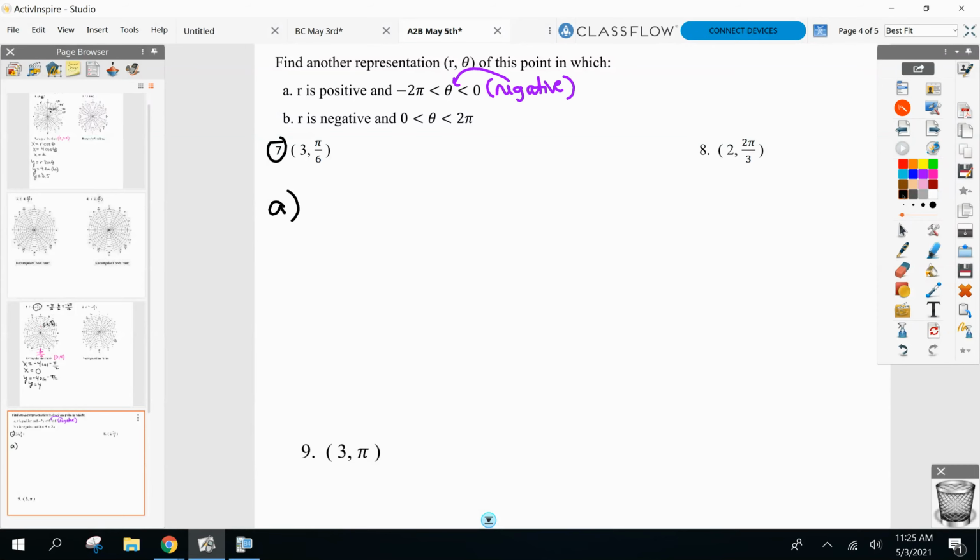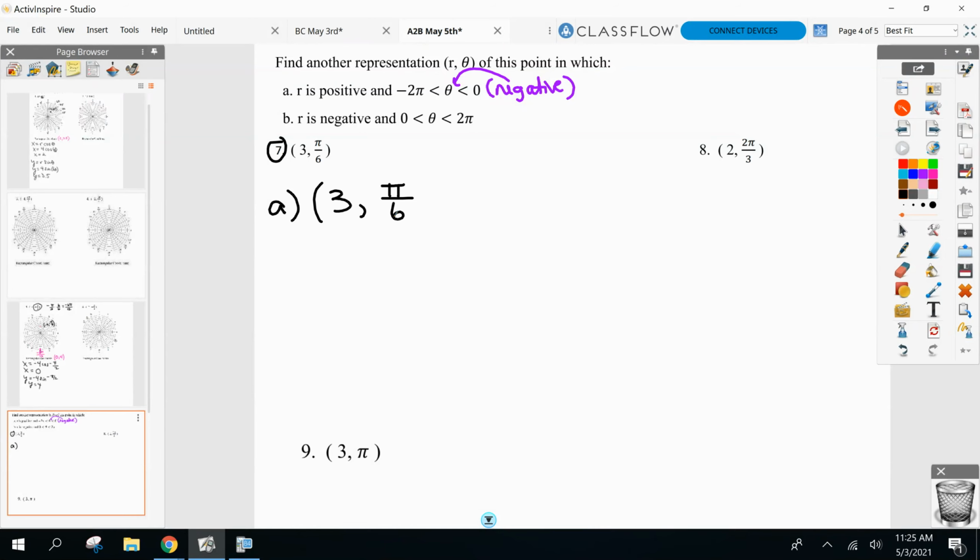Let's see if you guys can help me out. All right, so I got 3 pi over 6. I want my R value to be positive, so keep it. Keep it 3. It's already positive. Done. I got you there. All right, so now you got to remember the rules. If you keep your R value the same, what must you do to the angle to get a different angle?